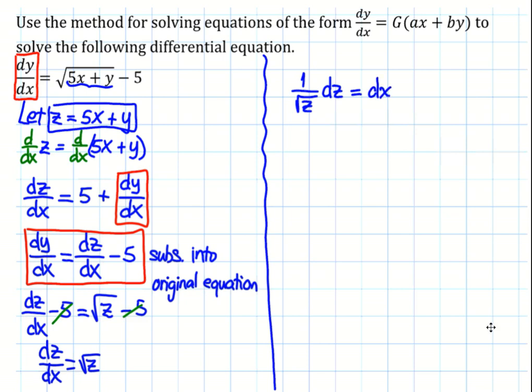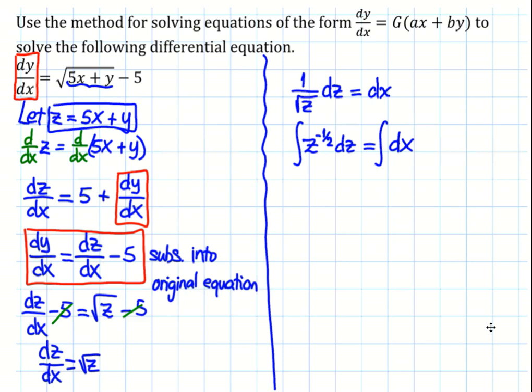That's the separable equation. Right, and we integrate both sides. On the left hand side, we can write z to the negative 1/2, and the right hand side is just dx, so let's integrate both sides.